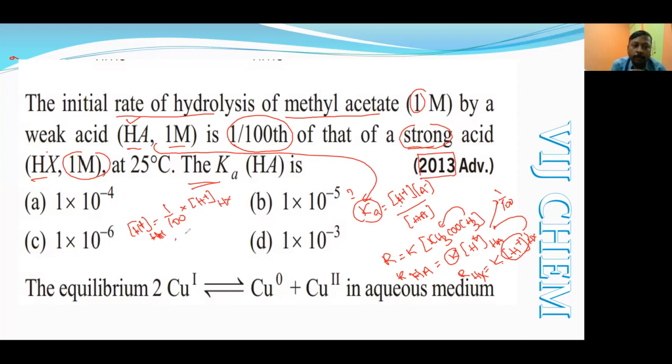With that you can find C alpha. Here the concentration is already given, so substitute the H plus concentration over here.